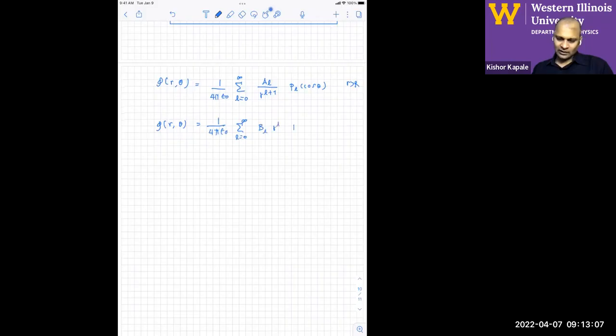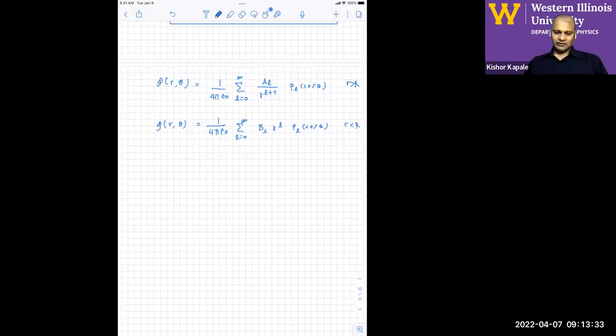PL, R to the power L, PL cosine theta, R is less than R prime. Okay, and so you could see by looking at that, AL are the exterior moments, BL are the interior moments. One should know how to calculate those, plug them in, expand over them, and then you get the total field.